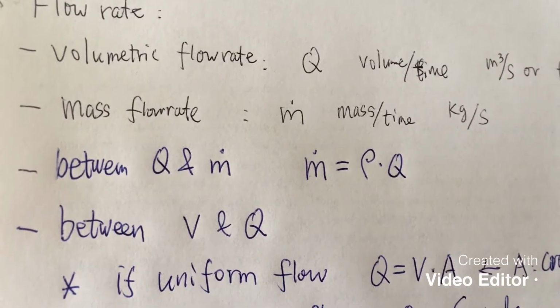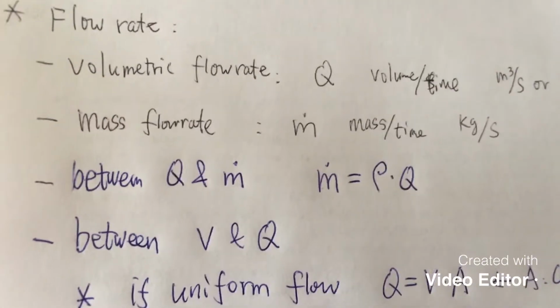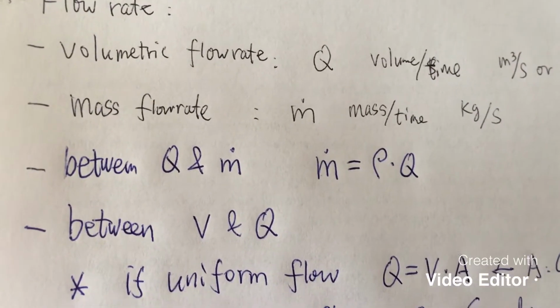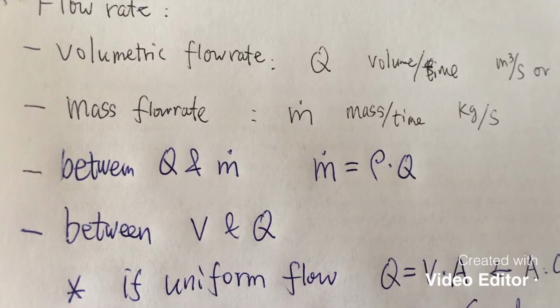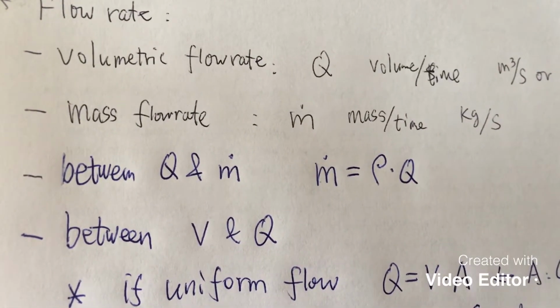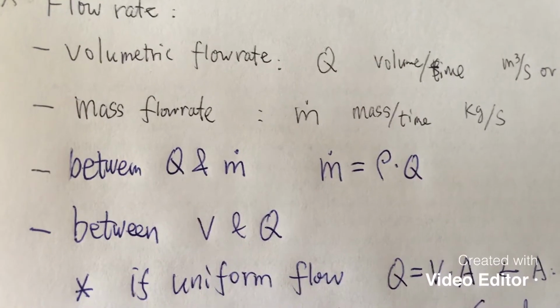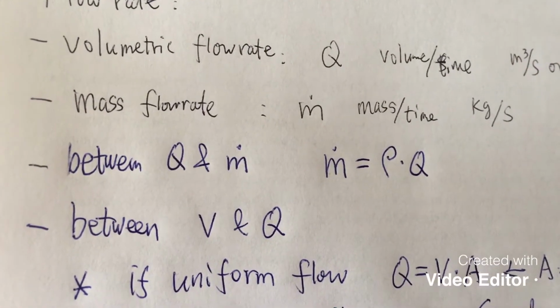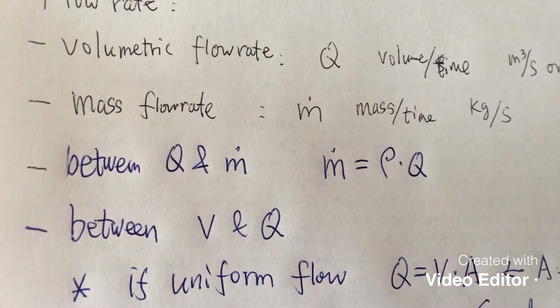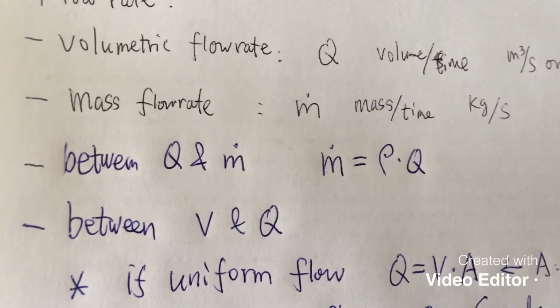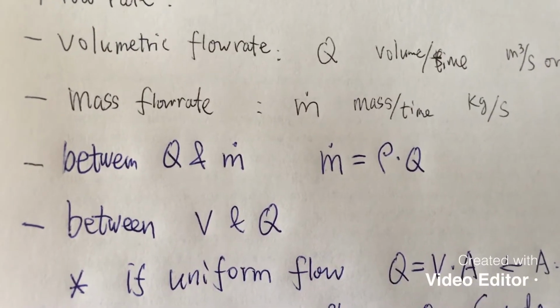Now the conversion between Q and m dot. m dot equals rho, the density, times Q. Very easy. Simple conversion. If you are given a volumetric flow rate, you can easily convert it into mass flow rate by multiplying by density.